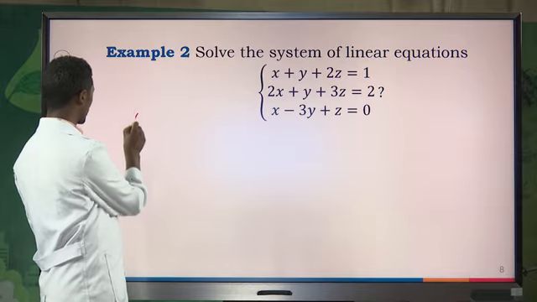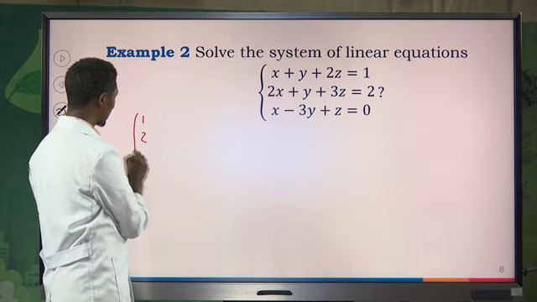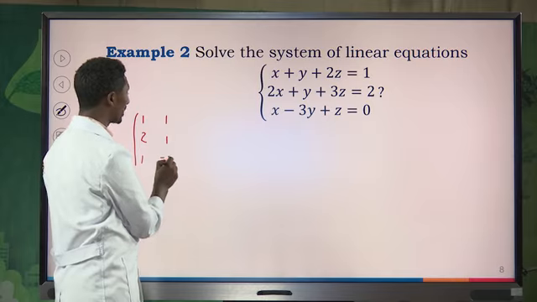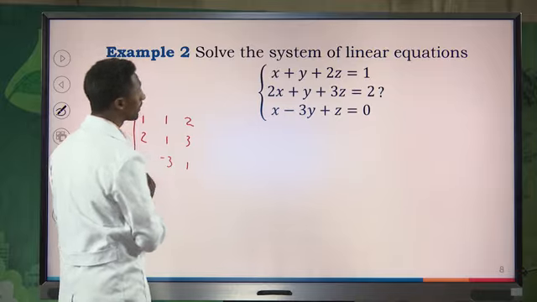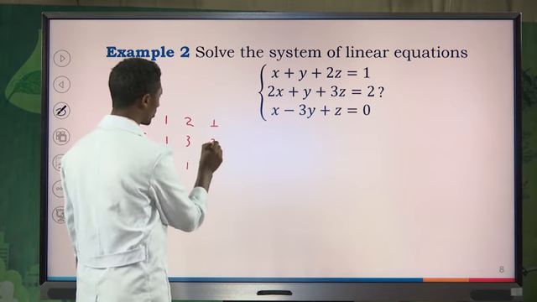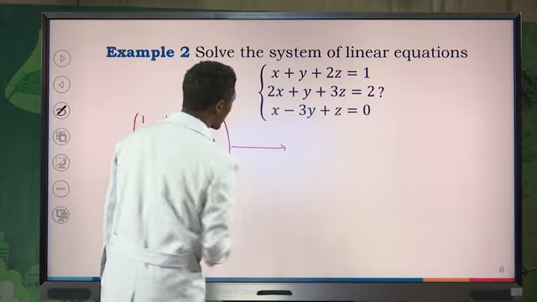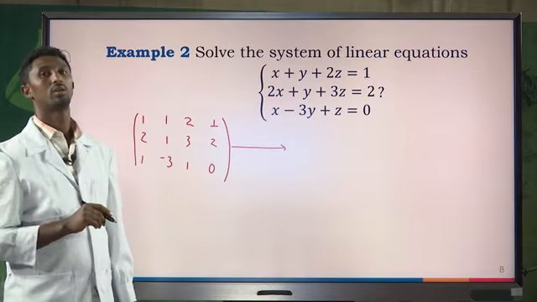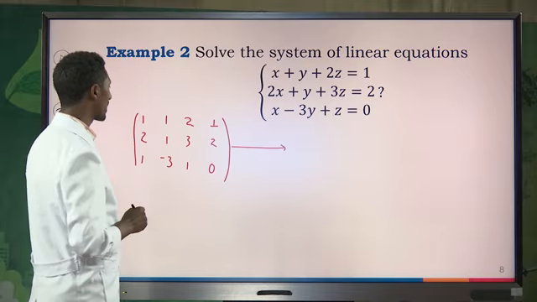It's 1, 2, 1, then the coefficients of y, 1, 1, -3, and the coefficients of z, 2, 3, 1, and the column matrix B, that's 1, 2, 0.